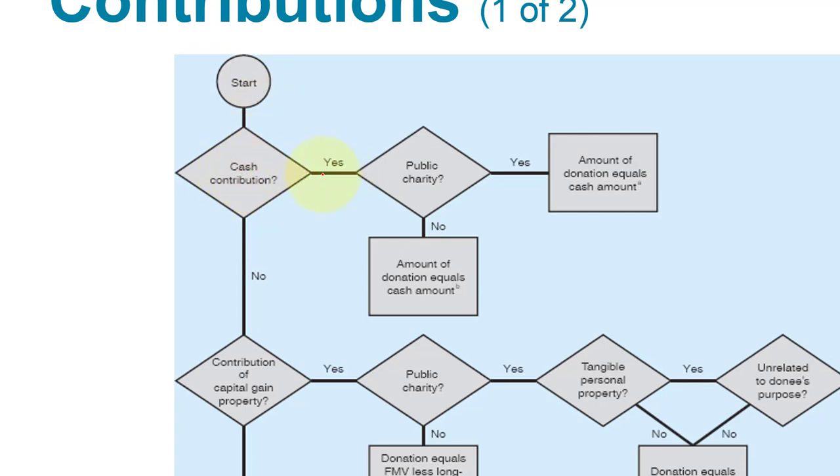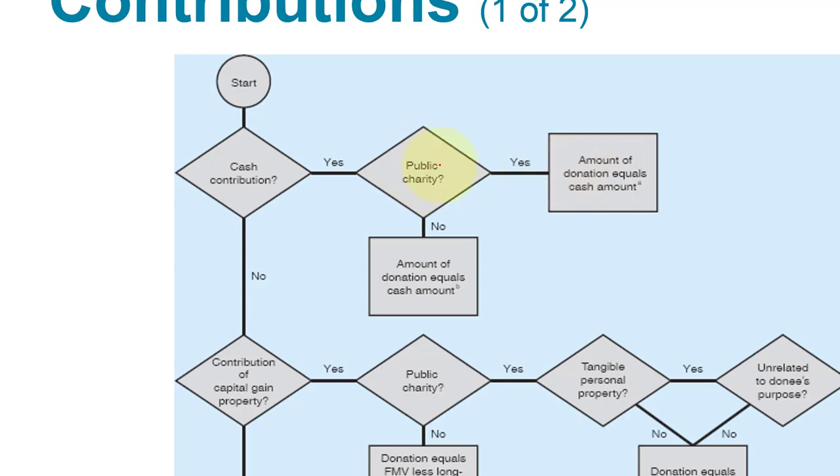And are you contributing it to a public charity? Of course, it's going to be a charity now. The question is it a public charity or a private foundation? If it's a public charity, like we hear always in the news, like the Aloha United Way or American Red Cross or Goodwill or Girl Scouts, that cash contribution should be fully deductible.